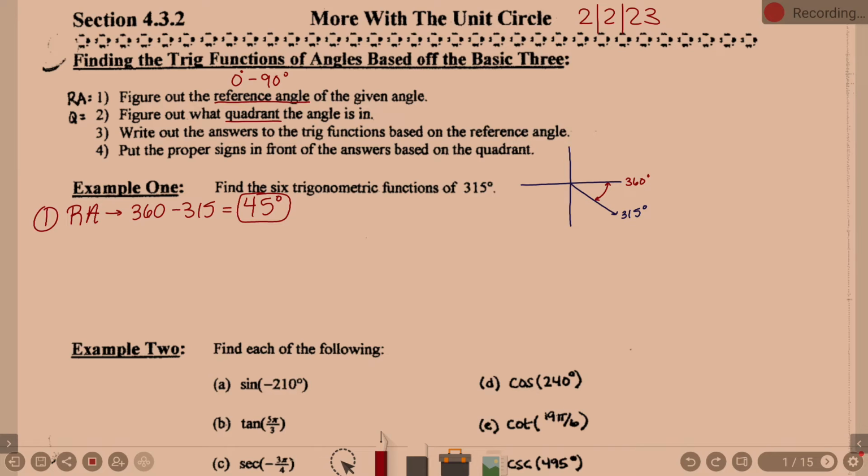Okay? Now, we've already discussed it. Actually, I should have put it down here. What quadrant are we in? We are in quadrant 4, yes? Because we are down there, right? What do we know about quadrant 4?